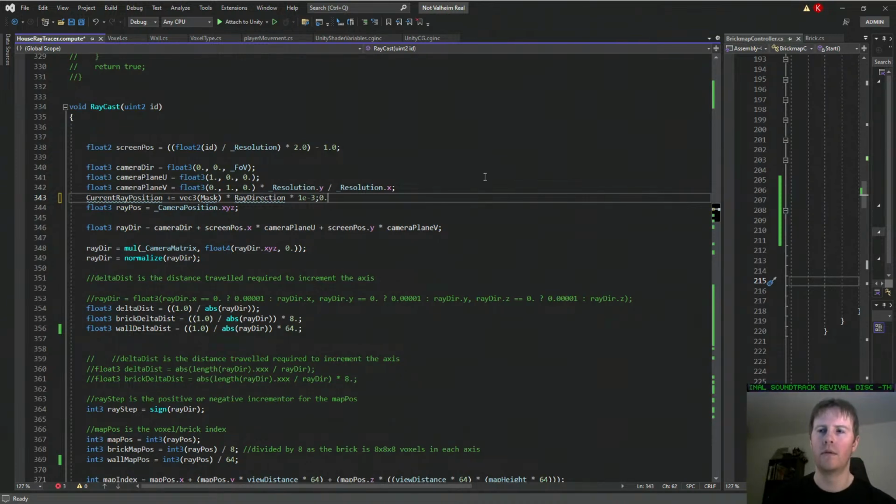That's 0.001? One E minus 3. Yeah. That's what I said.